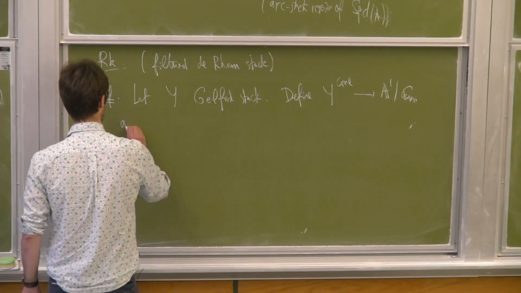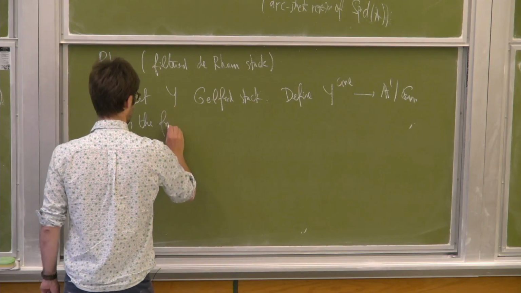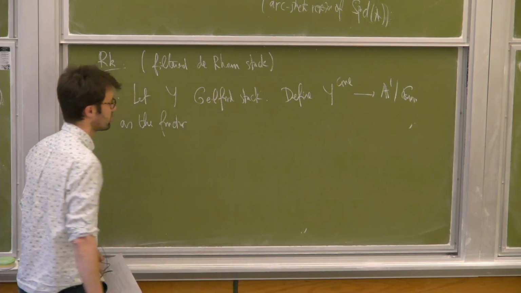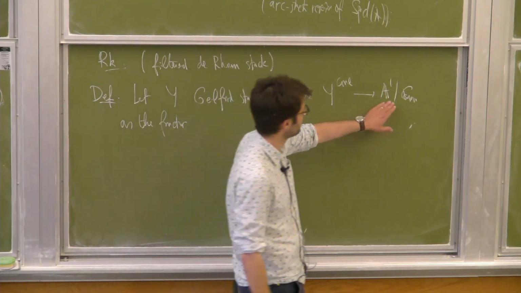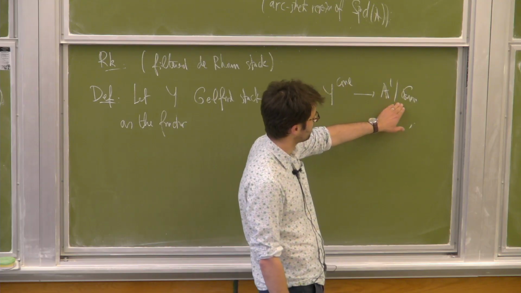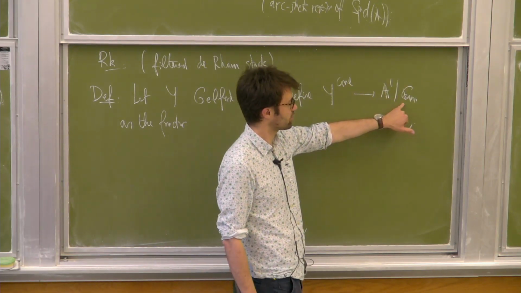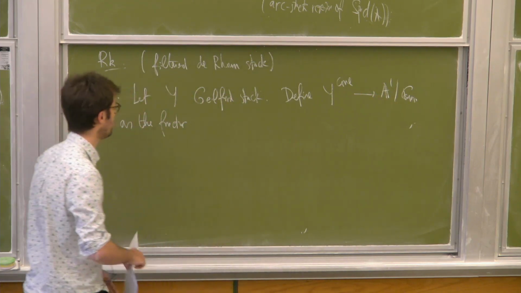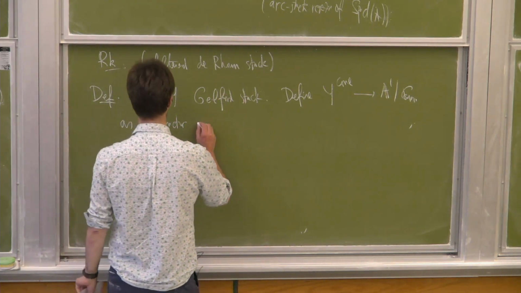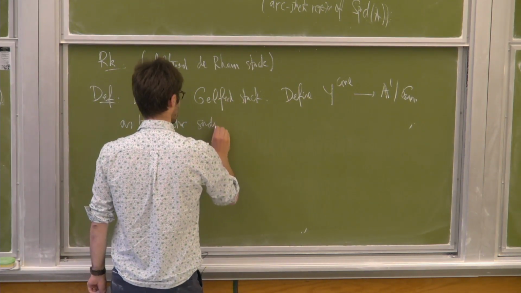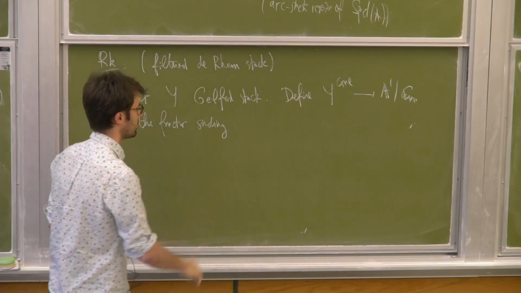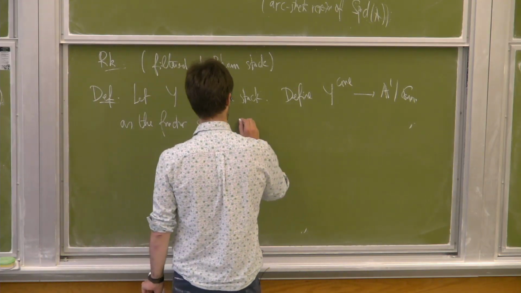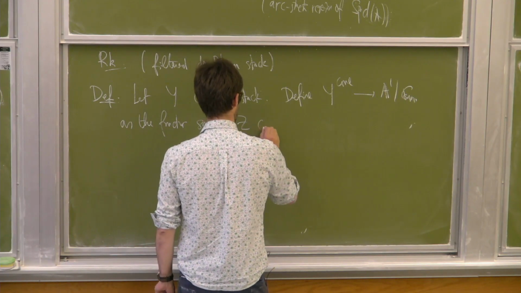As a functor, it sends, if you have a Gelfand stack Z with a map to A1 mod GM, it's the same as giving yourself a line bundle, so that's a map to BGM, and a section, possibly 0.